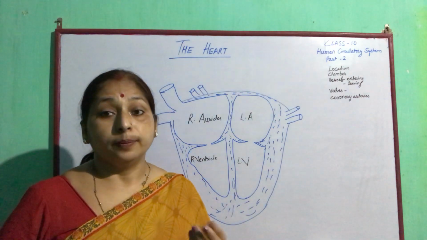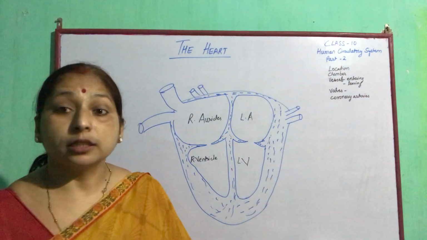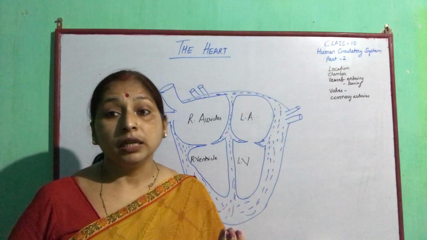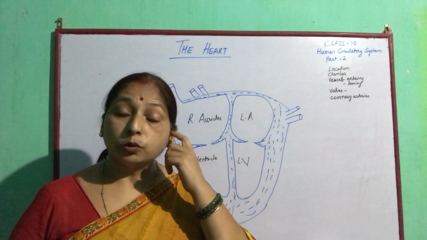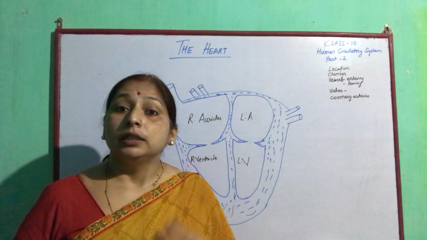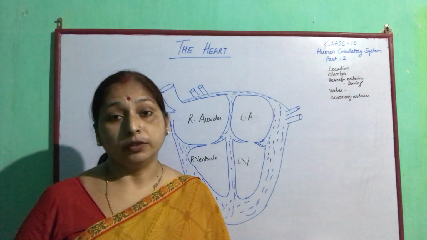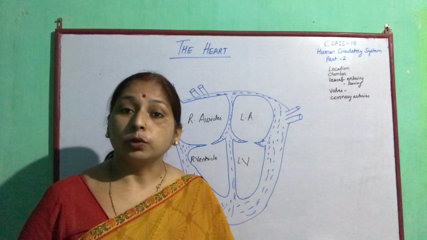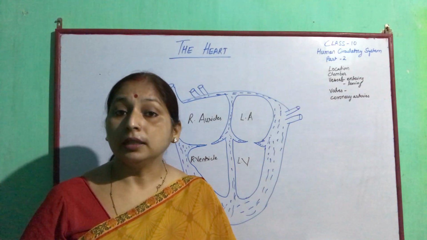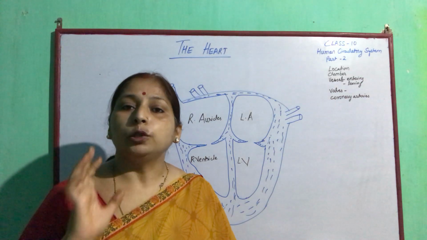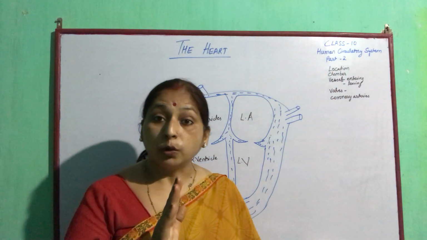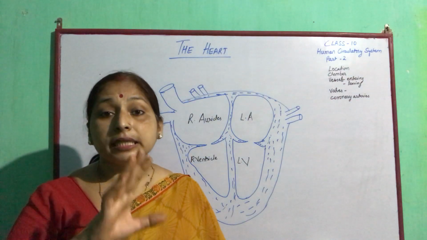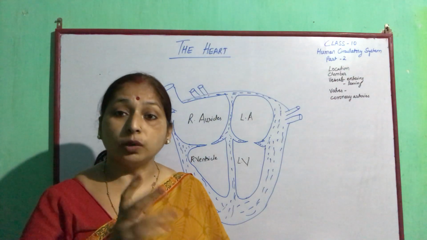The first point that we'll discuss today is location. Most of us will say that the heart is located on the left side of our body, but the exact location is in the center, slightly tilted towards the left. It is located in the center of the chest cavity, slightly tilted towards the left.